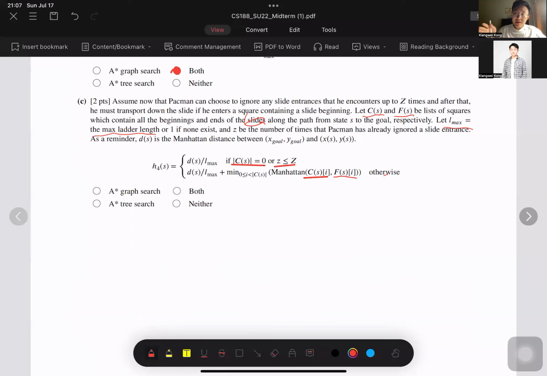But there may be other ladders between the start and end of this slide, so Pac-Man may take fewer steps if there's a ladder in between. So this should also be an overestimate. The answer for this question is also neither.